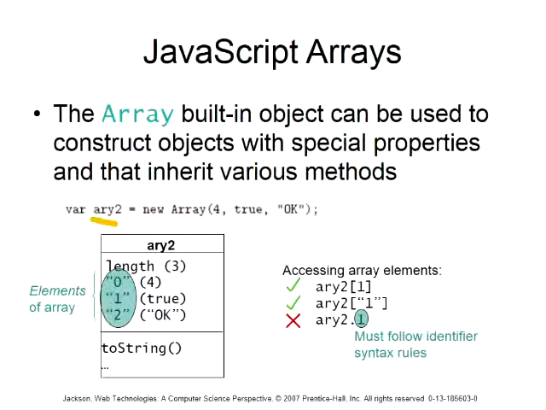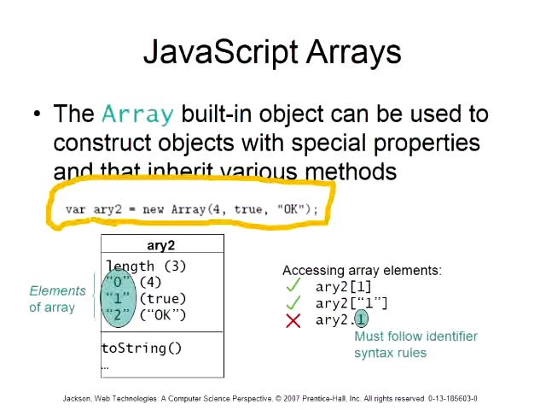So what's the meaning of this instruction? Var array2 equal new Array(4, true, "okay"). Array2 is the name of our array, and 4 is the first value.